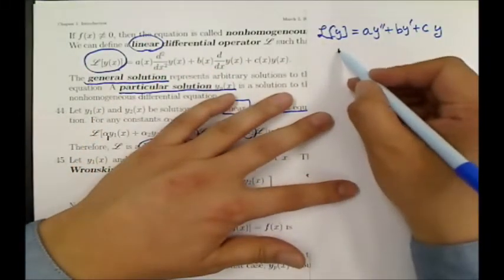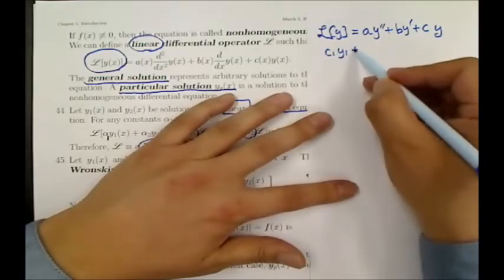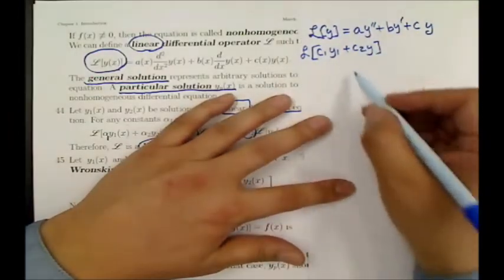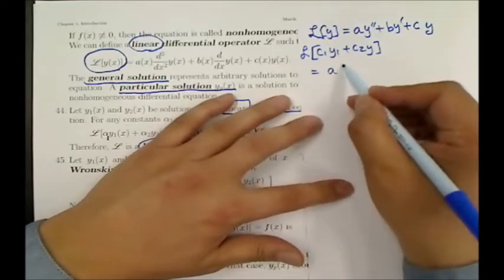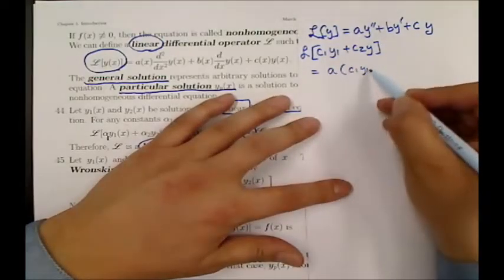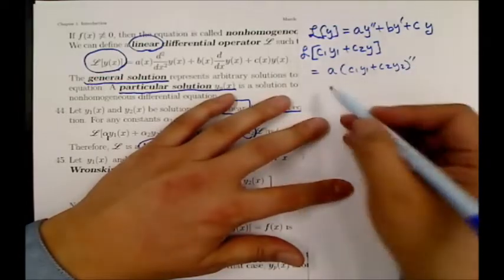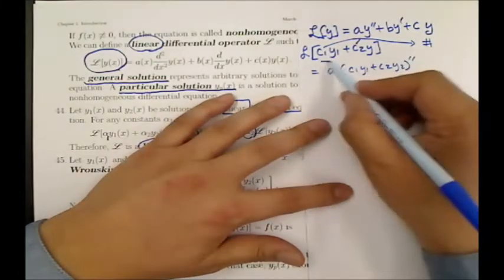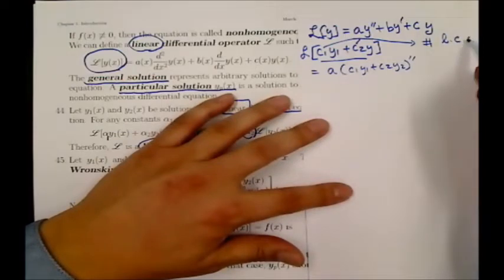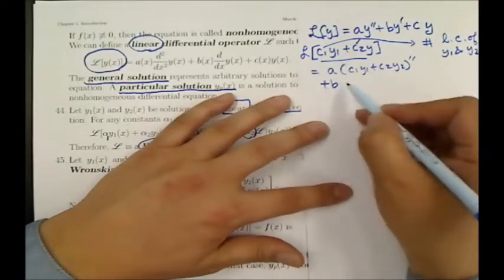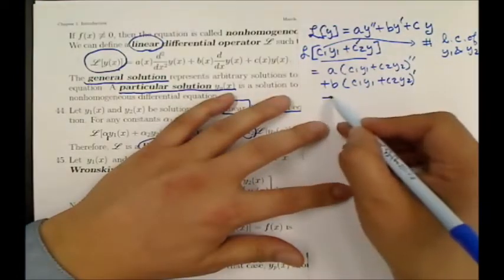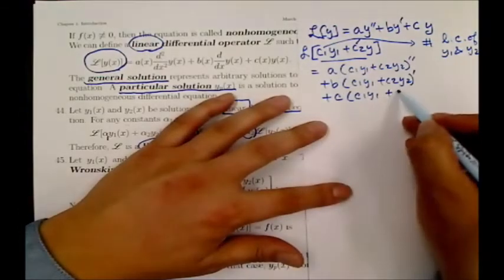Let us substitute C1 y1 plus C2 y2 in here. Then what I get is A times (C1 y1 plus C2 y2) double prime. Here, C1 and C2 are numbers. That means this is a linear combination of y1 and y2. Plus B times (C1 y1 plus C2 y2) single prime, plus C times (C1 y1 plus C2 y2).